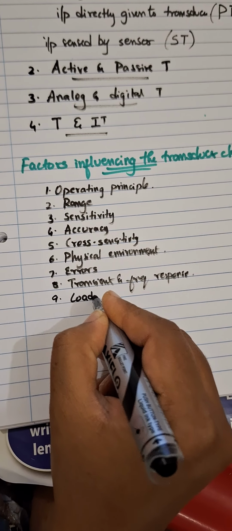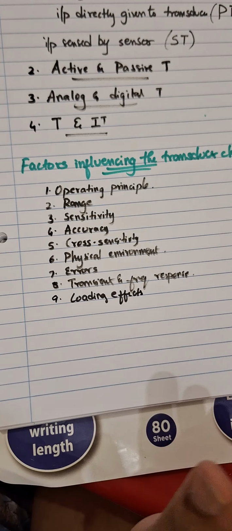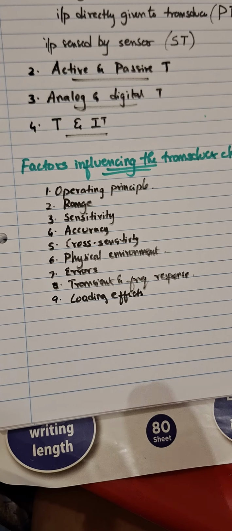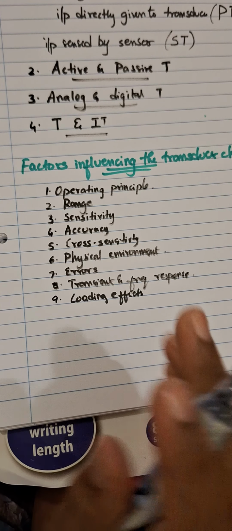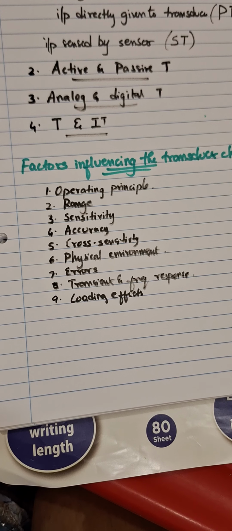Then loading effects. The transducer should have high input impedance and low output impedance. It means the impedance on the input side is always high and the impedance on the output side should always be low, so that there is no loading effect.